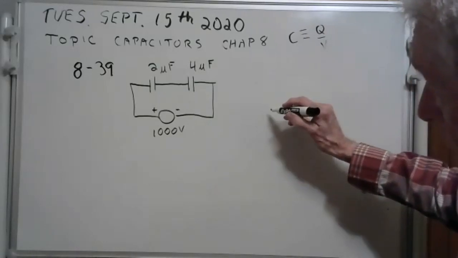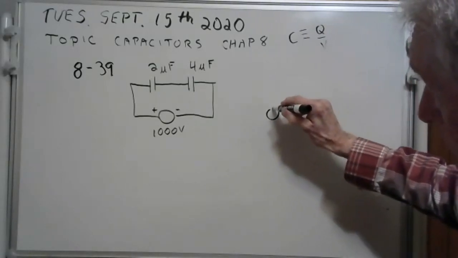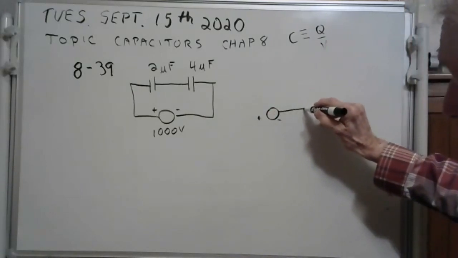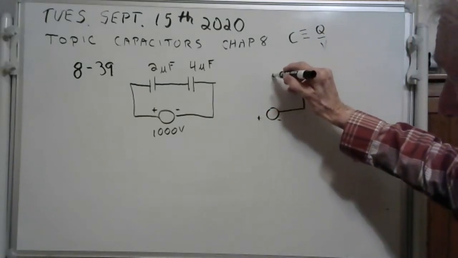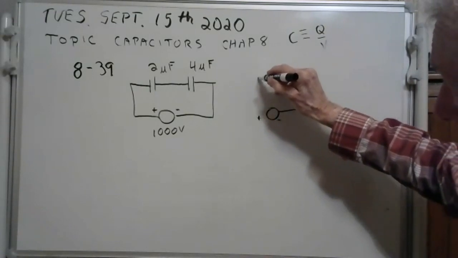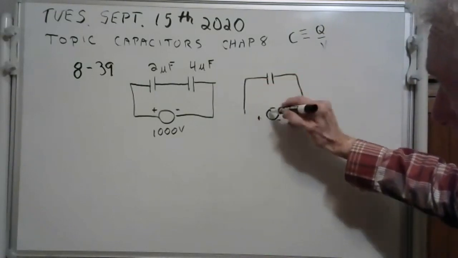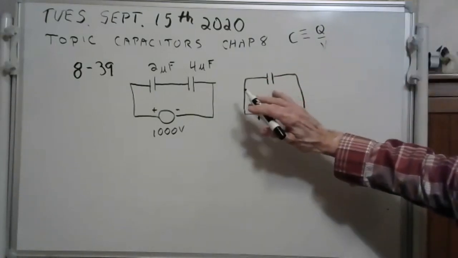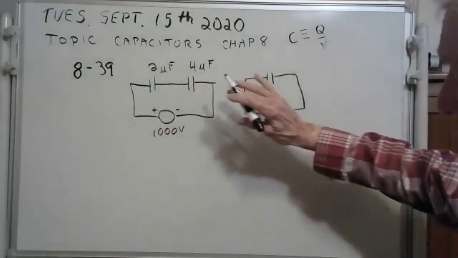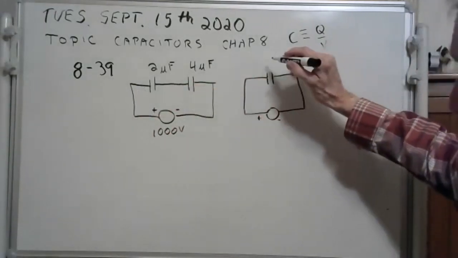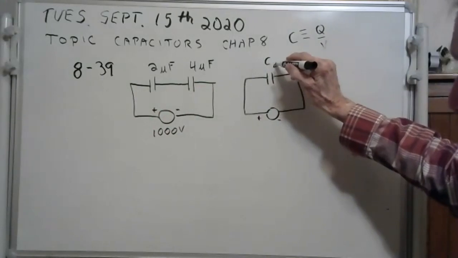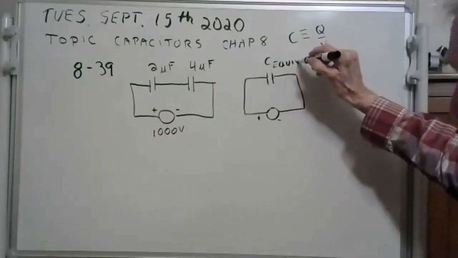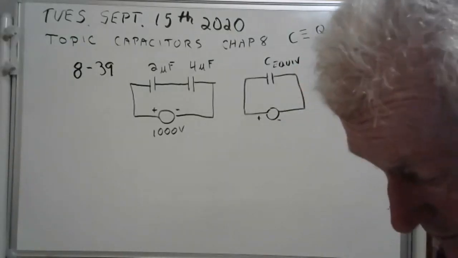The first thing we have to do, the dirty little secret of solving these capacitor problems, is to make this equivalent circuit. We have to simplify it. See, we're going to make it simpler. But to do that, you're going to have to find what we'll call the equivalent capacitance.